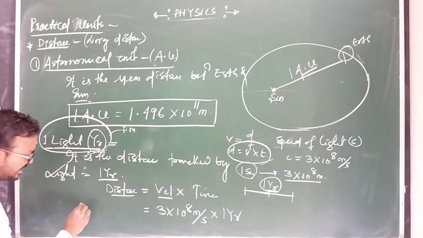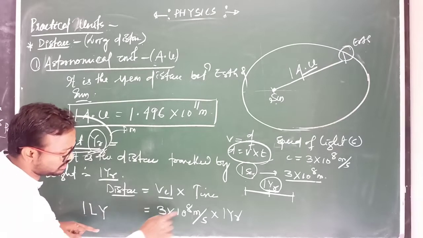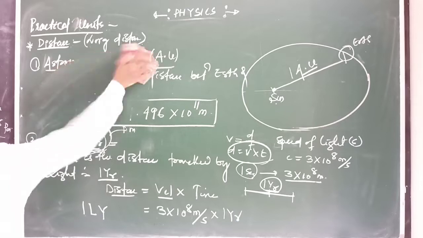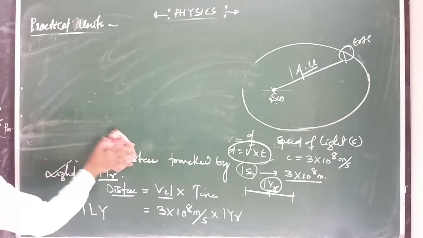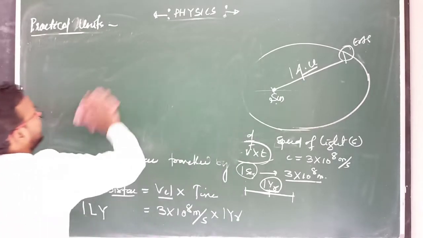So 1 light year is equal to 3 into 10 to the power 8 meter per second into 1 year. Now you have to use the value to find the value of 1 light year.